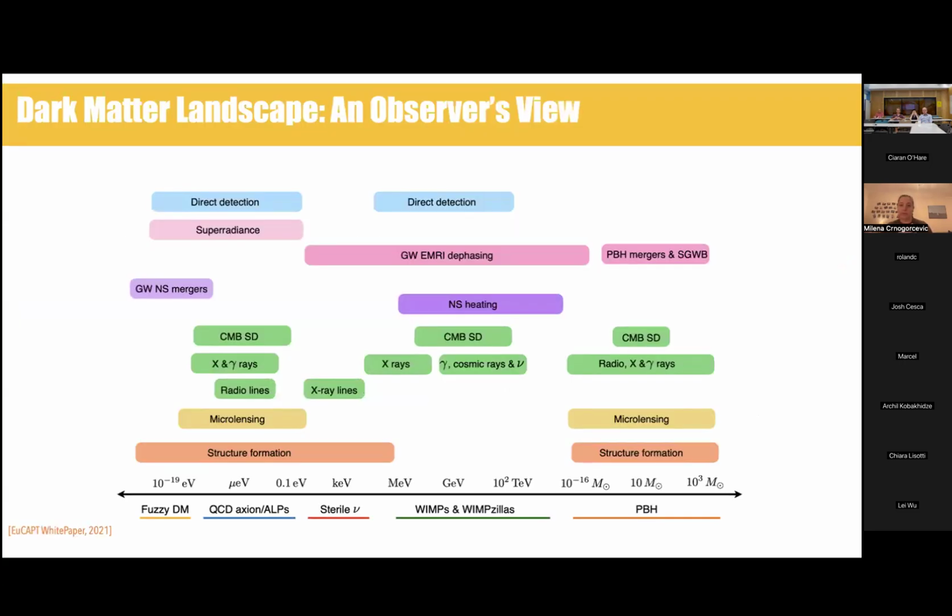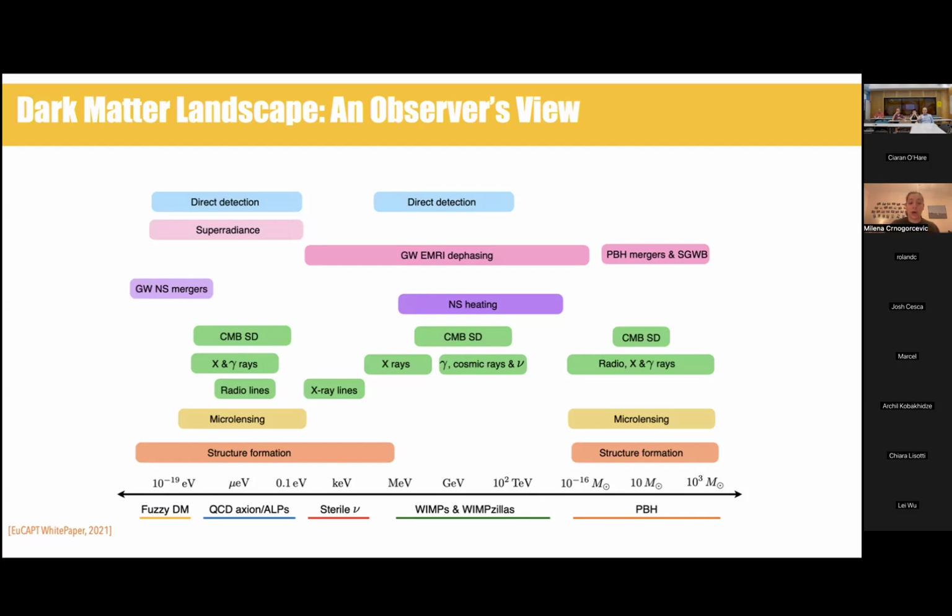From an observer's point of view, which I am, so I feel more comfortable telling the story from this side, we have a very wide range of masses as well as electromagnetic signatures that we can search for.